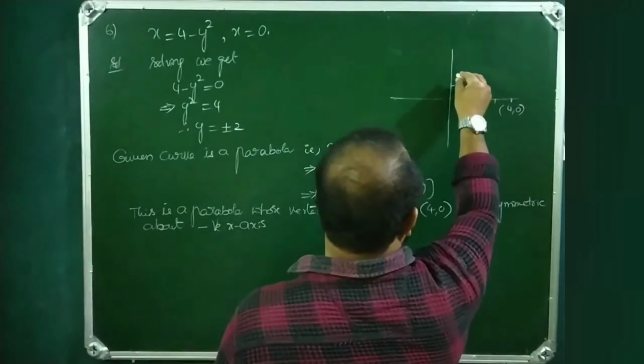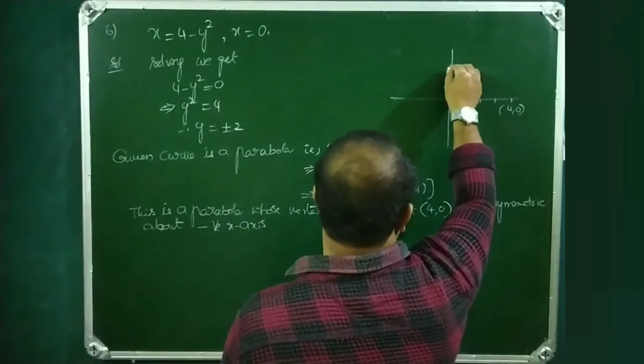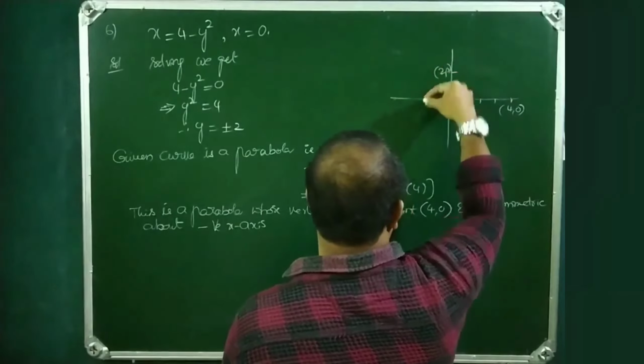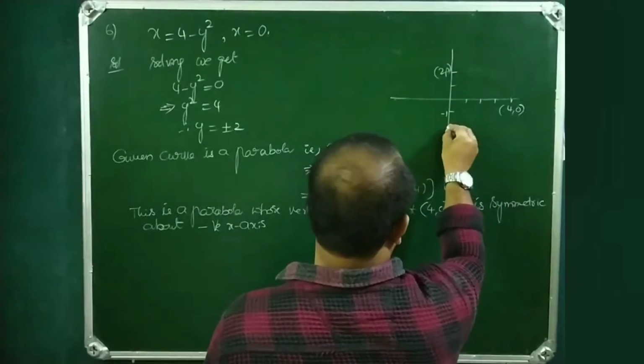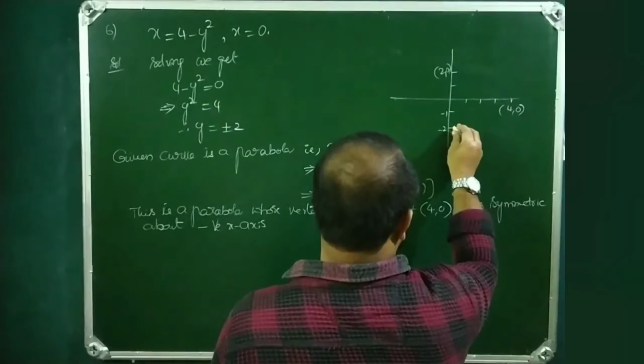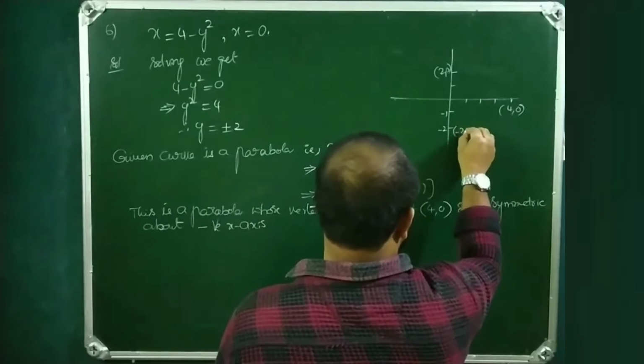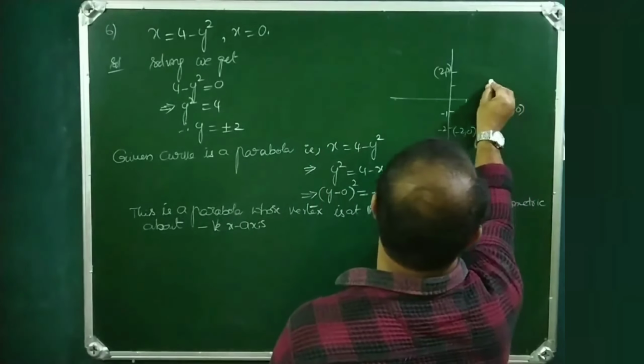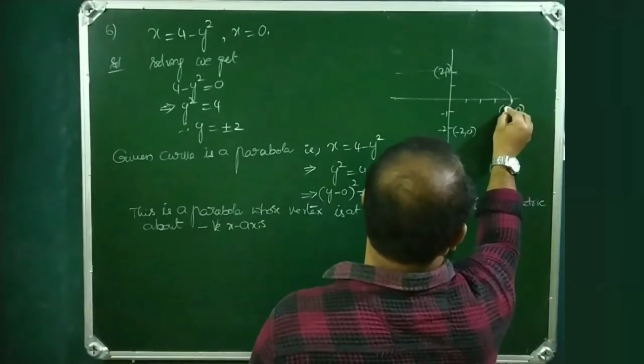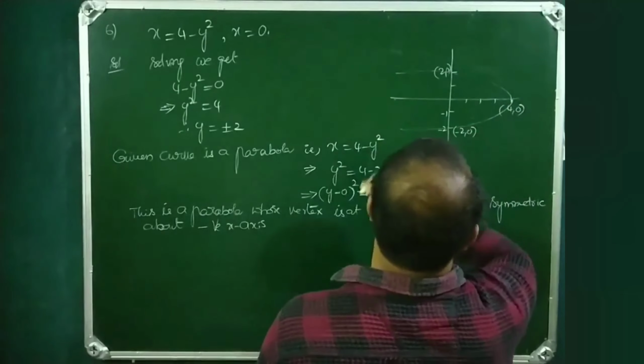Therefore, this is 1, this is 2, this is 2 comma 0, and this is minus 1, this is minus 2, this is minus 2 comma 0. Therefore, this is the ultimate parabola.